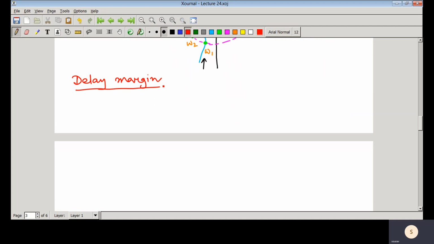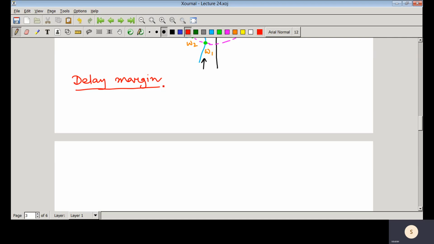You may ask why it becomes unstable, because we have already shown in the Bode diagram. Whenever there is some transportation lag, if we draw the gain and phase plot, we have seen that the gain remains unchanged, because the magnitude of e to the power minus tau j omega is equal to 1, but it continuously contributes some phase lag to the system.